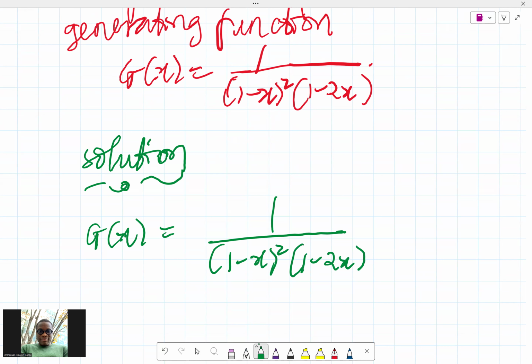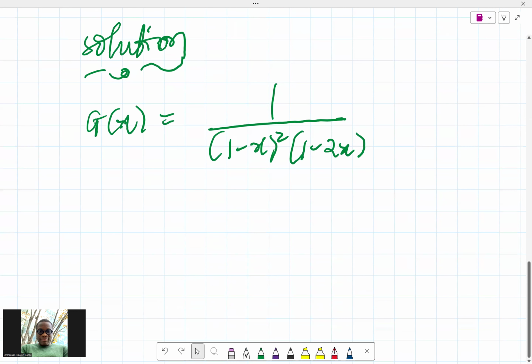First of all, the two parts in brackets are linear terms. So for instance, this is linear, this is linear. But because this one has a power, we say it is a repeated linear term. And there's a way to handle that when we are trying to resolve it in partial fractions.